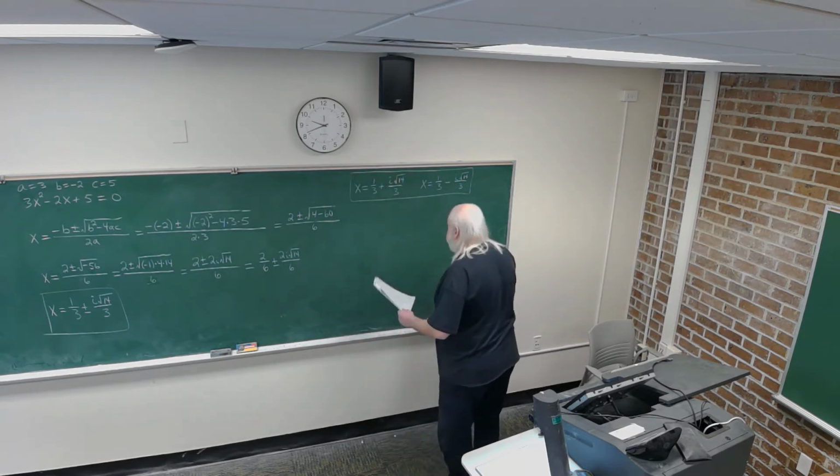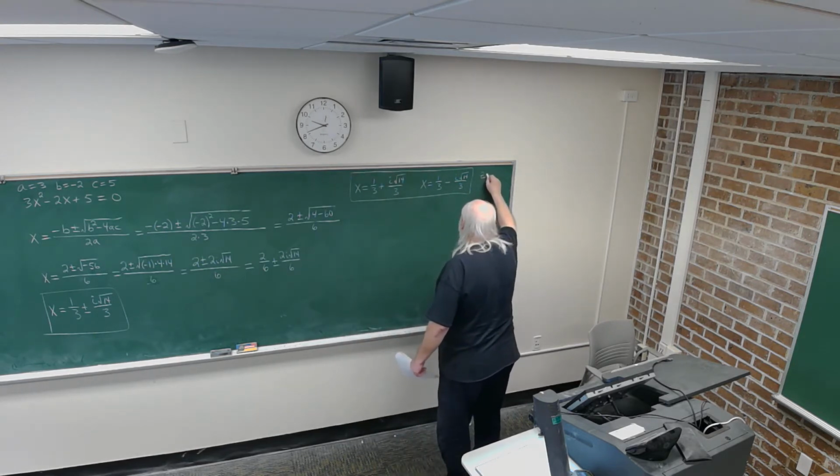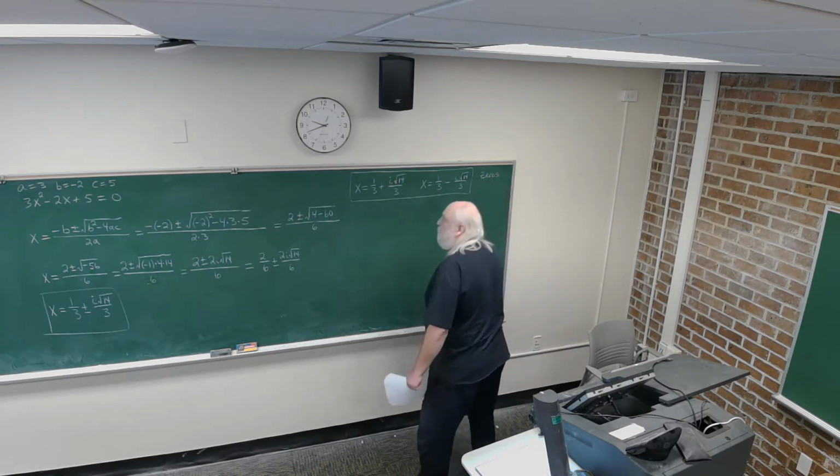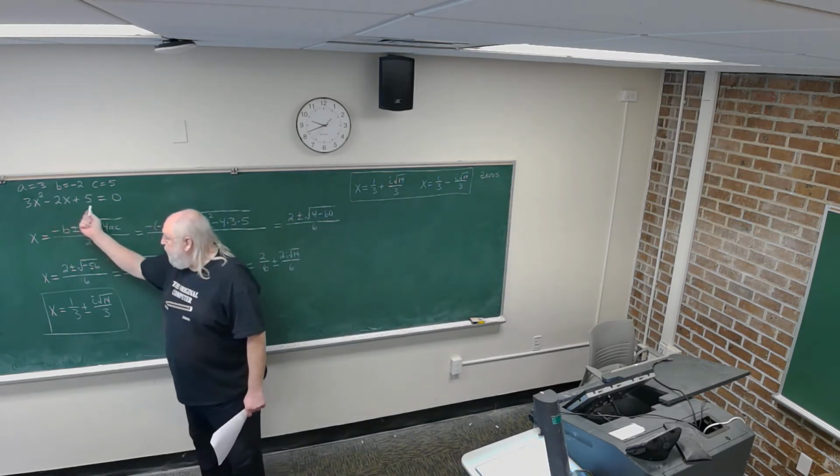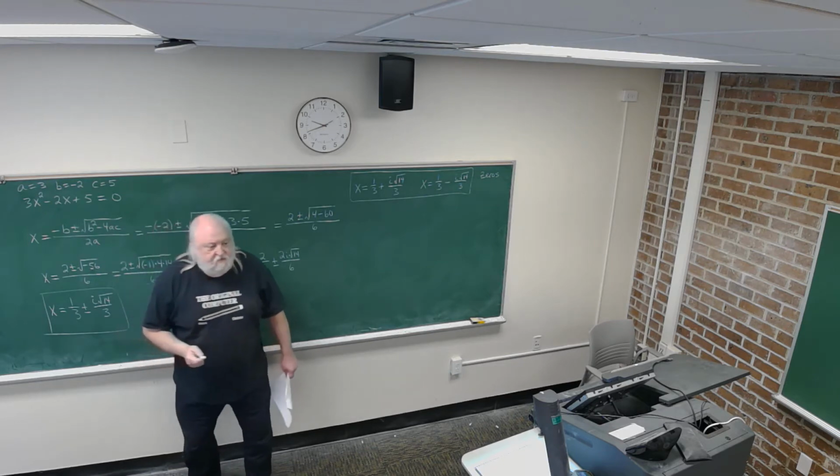So these are the zeros of this quadratic equation. Those are the values of x that make the left-hand side equal to 0.